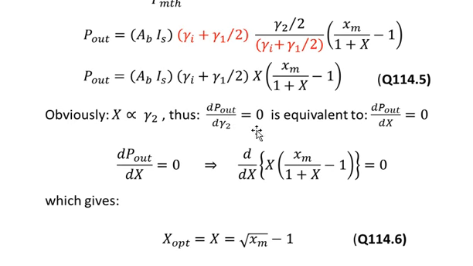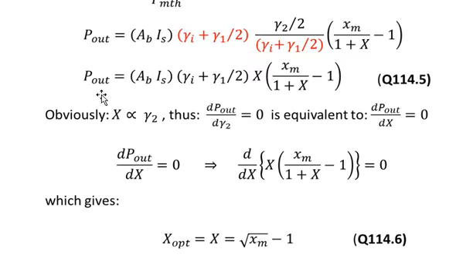And you know that this is equivalent to dP out over dX, that is the derivative of P out with respect to capital X, being set equal to 0, because both are equivalent. Because X is proportional to gamma 2, the derivative with respect to gamma 2 means that the derivative with respect to capital X will also produce the same results.